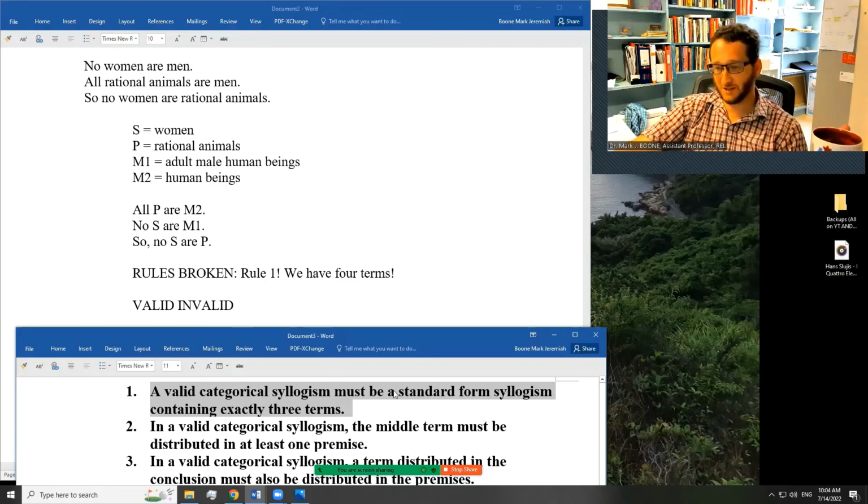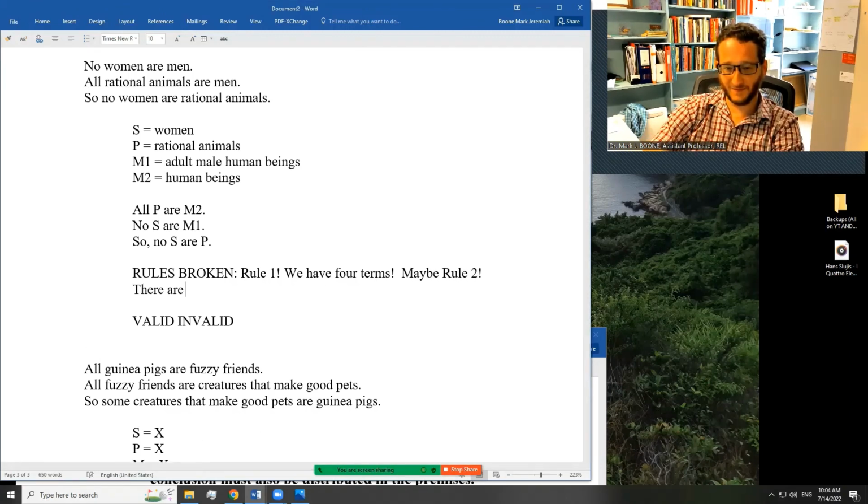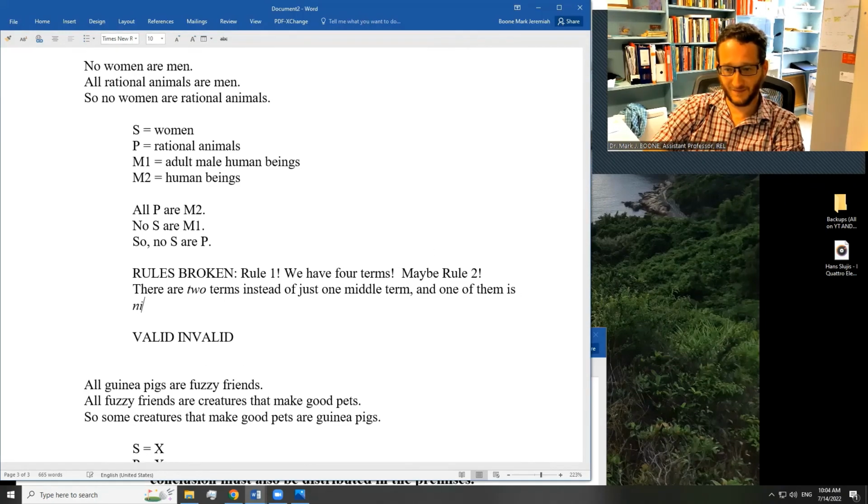There's two terms masquerading as one middle term. One of those terms is not distributed, and that would be M2.